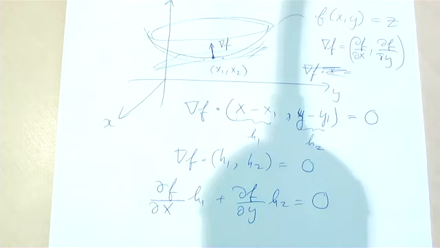The value at the point x1 plus some very small increments can be approximated by the value at the point plus this one on the tangent plane.